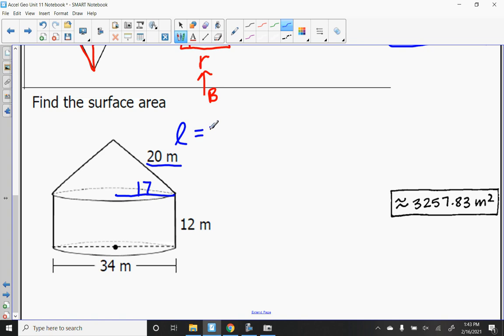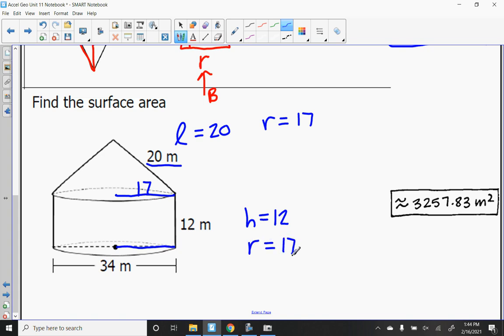So on your cone on the top, you have what you need. And then for your cylinder on the bottom, your can, you would have your height, which is 12. And you would need your radius, which is 17.